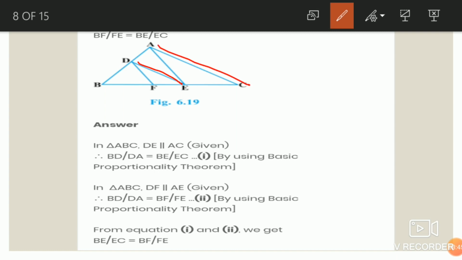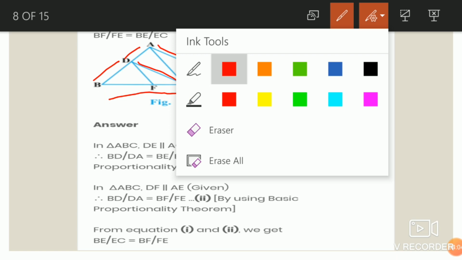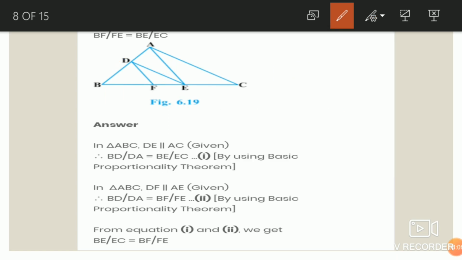So in triangle ABC, since these two are parallel, by basic proportionality theorem we can say that BD by DA is equal to BE by EC. Easily we can say that, and we will mark it as 1.